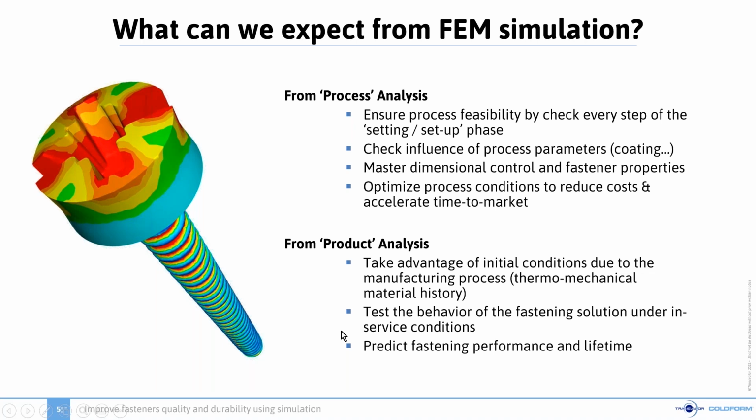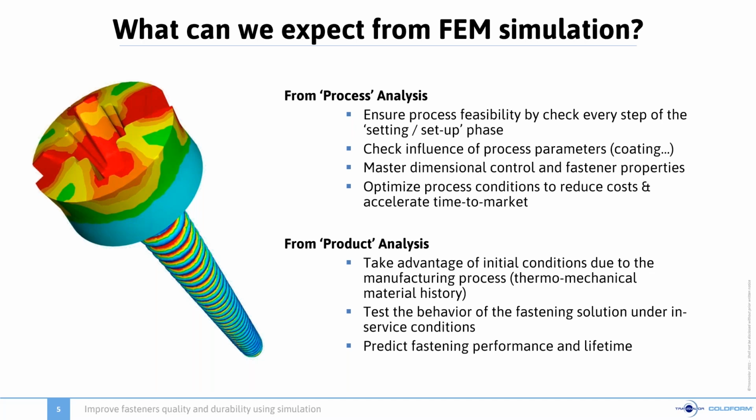Let's talk a little bit about what we can expect from finite element simulation and the two types of analysis: process analysis and product analysis. For process analysis, the focus will be given on the feasibility of the process. Is the part correctly forged?